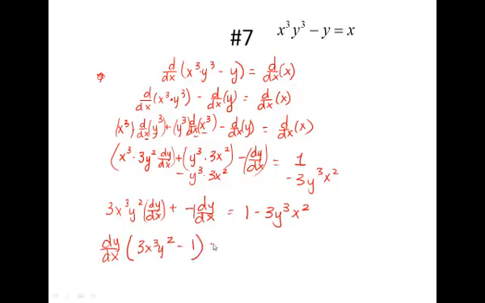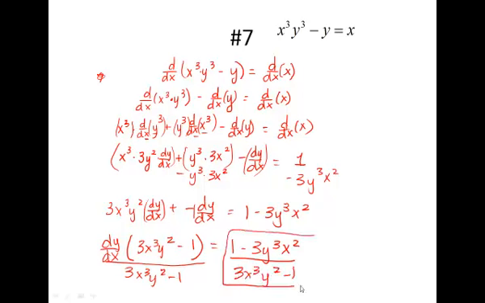So there we have that, equals 1 minus 3y cubed x squared, and now I can divide by this term, 3x cubed y squared minus 1, divided by 3x cubed y squared minus 1. This right here is what dy dx is equal to.